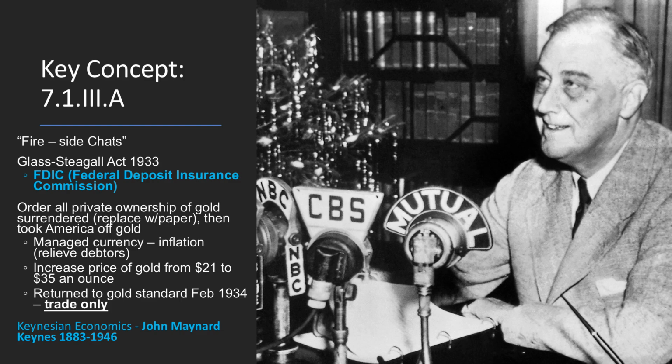Now you might wonder, what did he do with all that gold? Everyone's turning in their gold coin. Well, he melted it down. Well, he didn't do it personally. Don't think Roosevelt's out there, pulling levers and smelting gold. He sent it to the gold smelter people. I don't know. And they turned it into gold bullion bars, right?